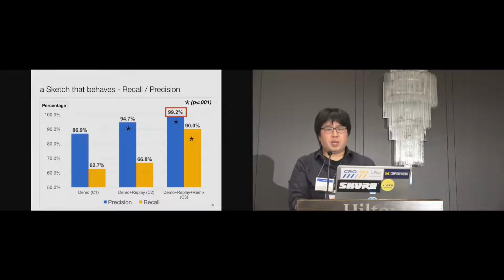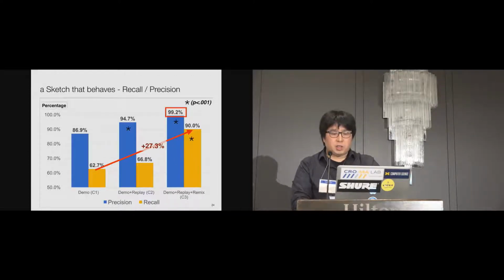In terms of precision, being able to skip operations helped accomplish 99.2% precision, because workers can simply skip any extra operation made during the recording. Also, we could confirm the effect of the remix function, yielding an increase of 27.3% in recall. The remix function significantly improved the quality of the demonstrated behavior.